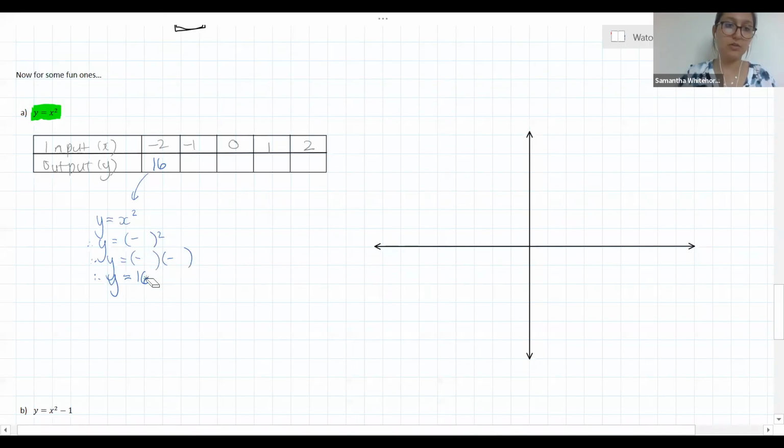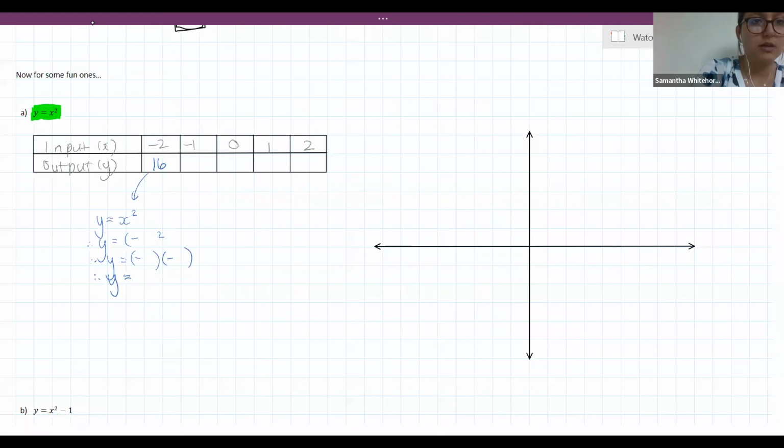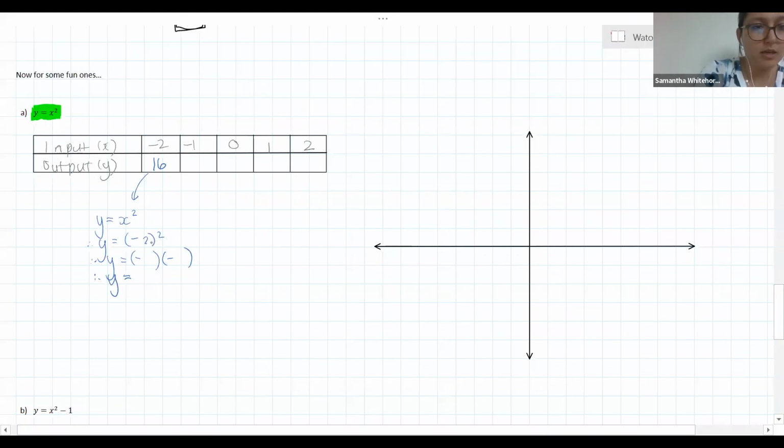Who on earth knows what I was thinking? Thank you, Wangi. -2 times -2 is positive 4. Miss Whitehorn has clearly lost her mind.